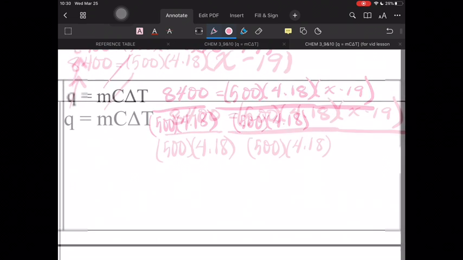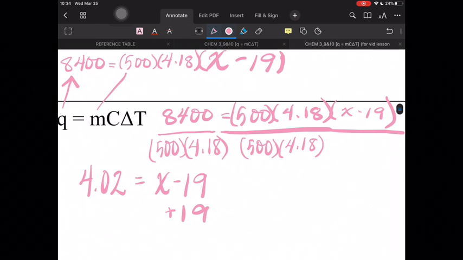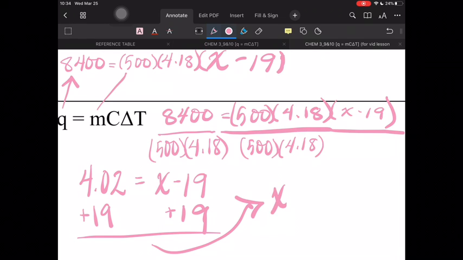When I divide both sides by 500 times 4.18, that's going to give me 4.02 is equal to X minus 19. And then from there, you just add 19 to both sides. That will give me X equals, it's going to turn out to be 22.99 something. Let's just say 23. 23 what? 23 degrees Celsius.